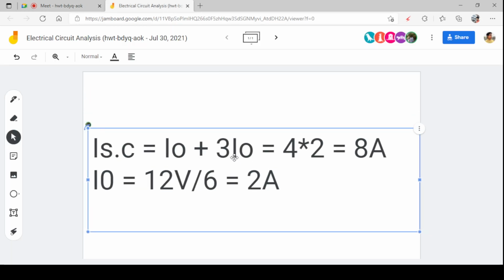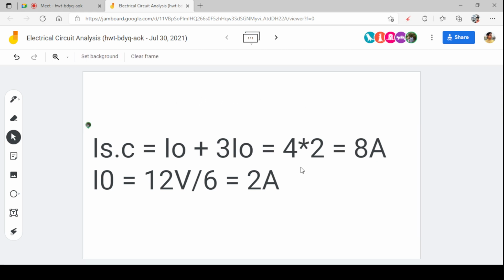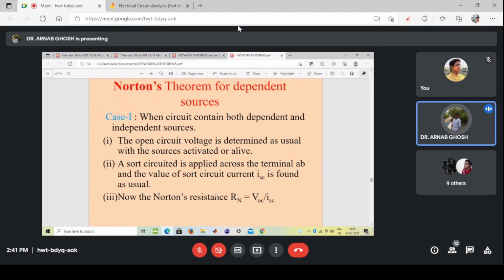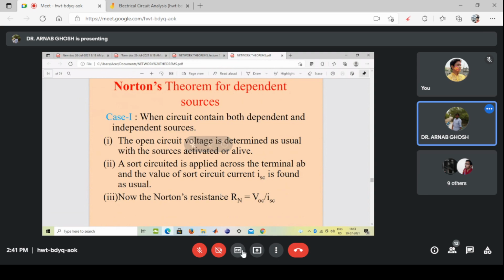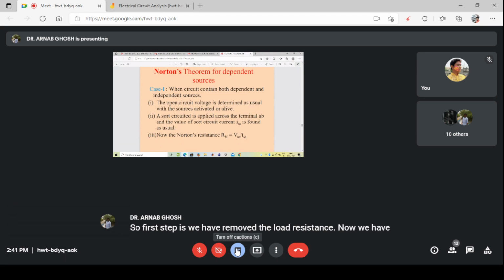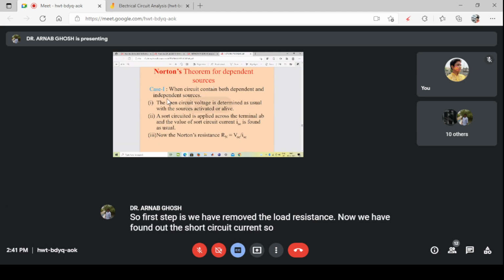First you had to find out the short circuit current, and then you have to calculate the open circuit voltage. The first step is we have removed the load resistance. Now we have found out the short circuit current. So we have to find the open circuit voltage.